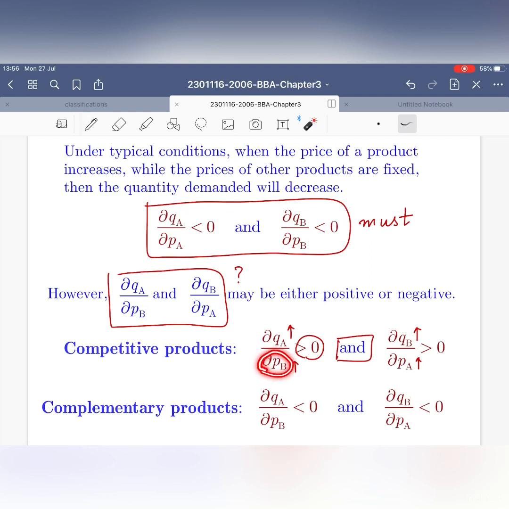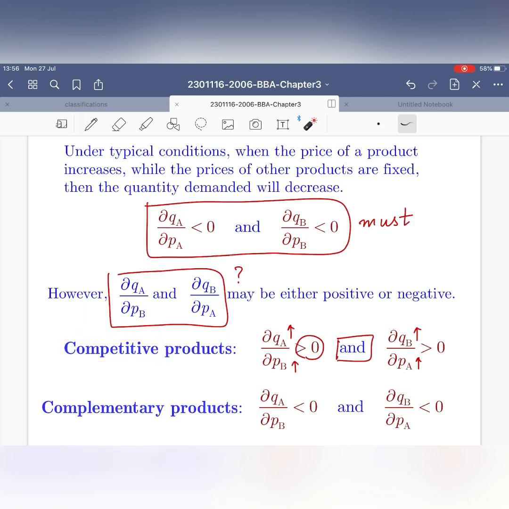So if your B is expensive, people don't buy B, but they buy A instead. On the other hand, if your A is more expensive, people of course don't buy A, but they buy B more instead. So it means that the A and the B can be replaced. Replaceable. So if they are replaceable, then we can call it competitive product.